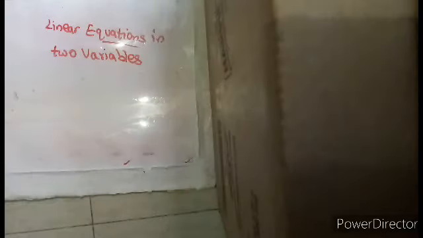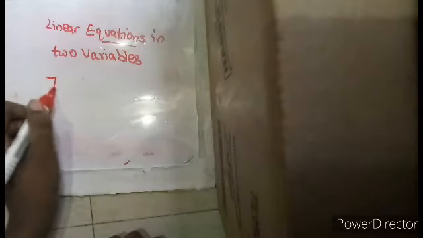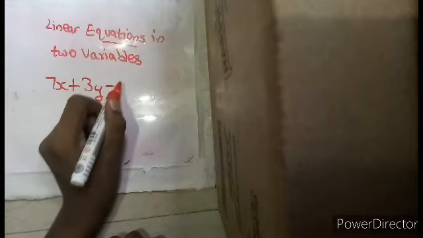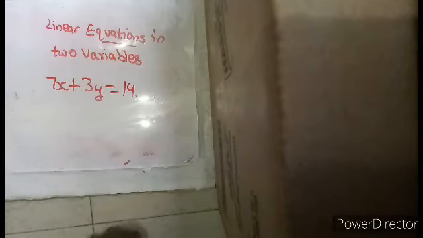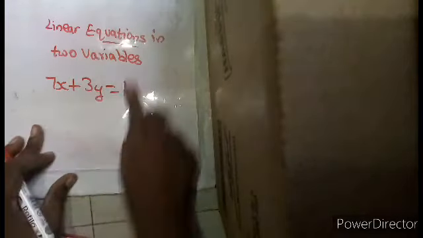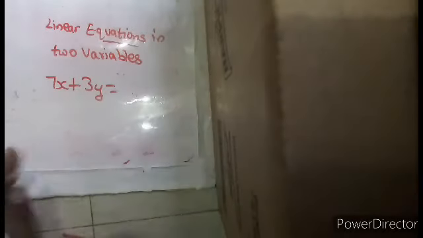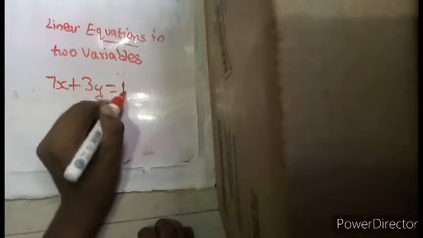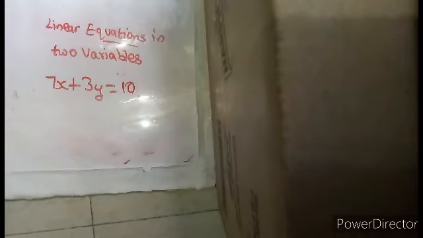Suppose you are given an equation like 7x plus 3y is equal to 14, or let's take it as 7 ones are 7, 3 ones are 3, so let's take it as 10. Now you are asked to find any 3 solutions. How will you find them?